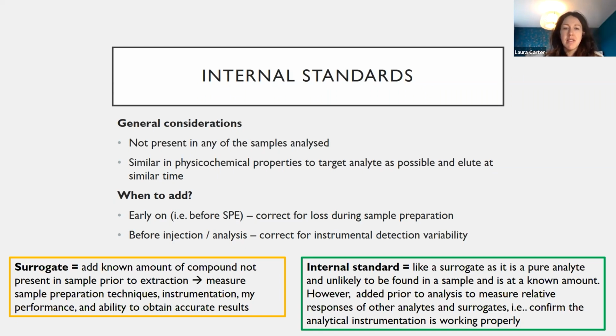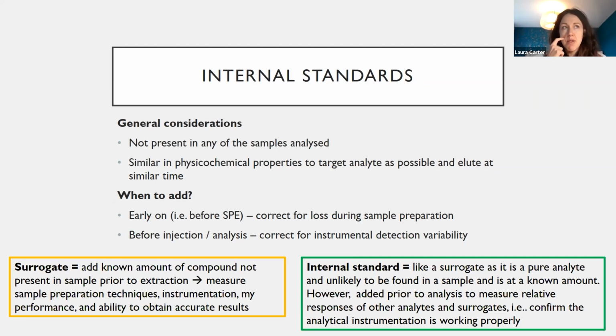This is basically used to provide a reference of instrument detection variability. However, if your standards are going to be used for correcting your extraction and cleanup recoveries, then they need to be added as early on in the process. Sometimes people use multiple internal standards added at various different points to account for all possible sources of variability.